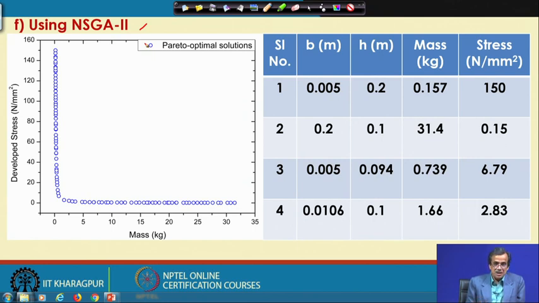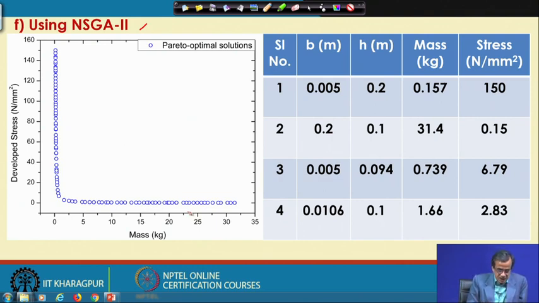Using the tournament selection as a reproduction scheme and the crowding distance concept to find the diversification, we try to keep a proper balance between the population diversity and the selection pressure. And using the principle of crossover and mutation, we try to bring some new solutions into the population.